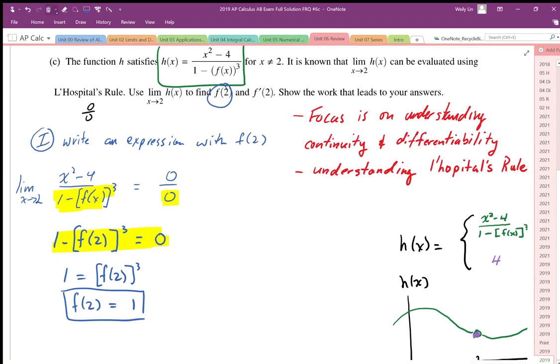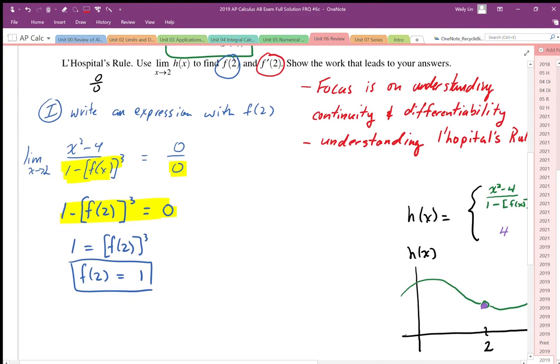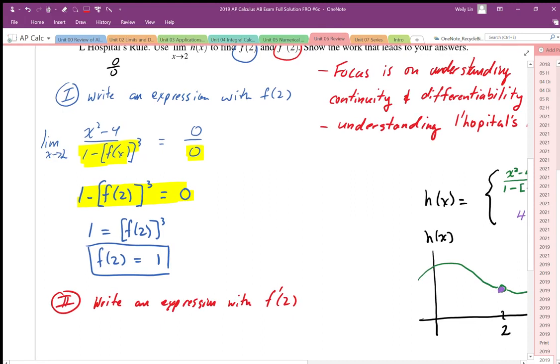I also need to solve for f prime of 2. To do that, I need to write an expression with f prime of 2. Okay, now to do that, we can generate f prime by differentiating this.